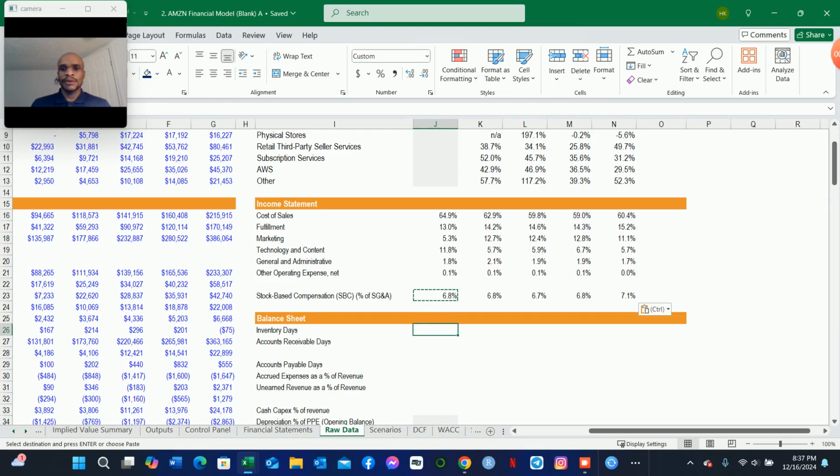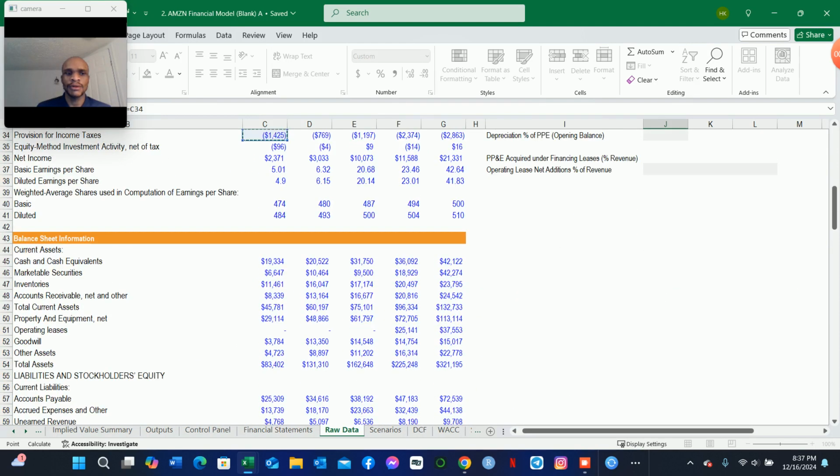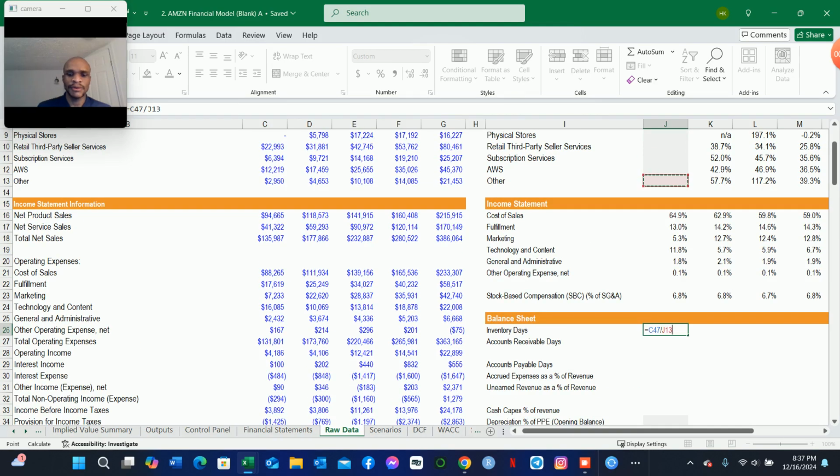So now we can begin with the balance sheet items, that is the working capital items: inventory days, accounts receivable days, accounts payable days. This inventory days is gonna be a function of cost of goods sold. So we take the inventory balance on Amazon's balance sheet, inventory outstanding balance divided by the cost of sales.